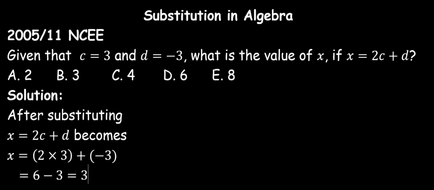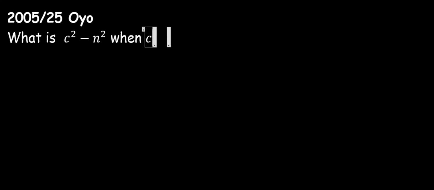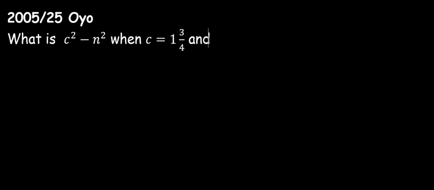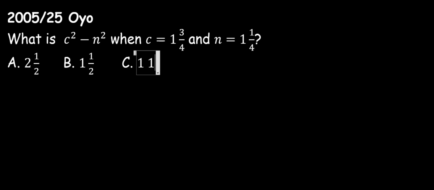Another example. What is C squared minus N squared when C is equal to 1 whole number 3 over 4 and N is equal to 1 whole number 1 over 4? The options are given: A, 2 whole number 1 over 2, B, 1 whole number 1 over 2, C, 1 whole number 1 over 4, D, 1, E, 3 over 4.